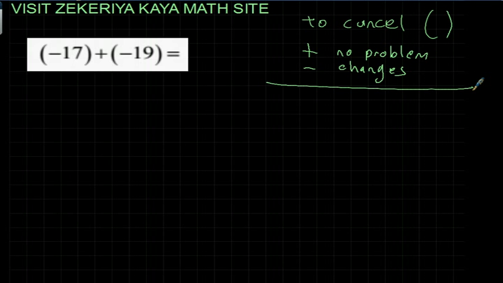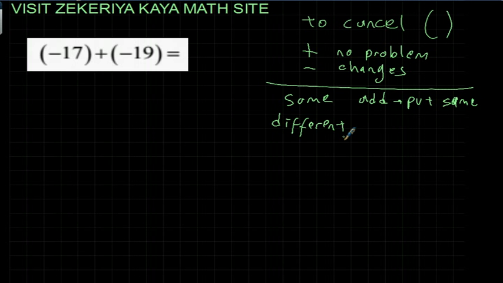Now, after you cancelled parentheses, if the signs are same, plus or plus, minus or minus, signs are same. Add the numbers, put the same sign. If the signs are different, right now there is no parentheses, there is no multiplication, division.